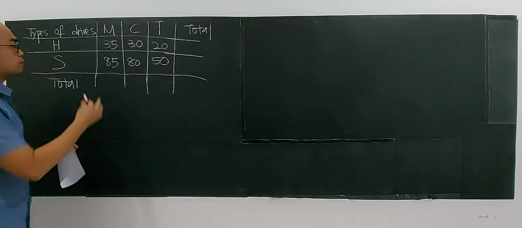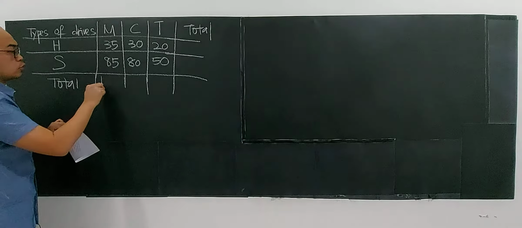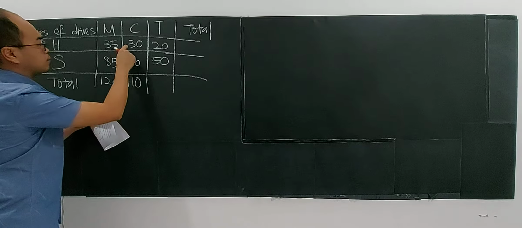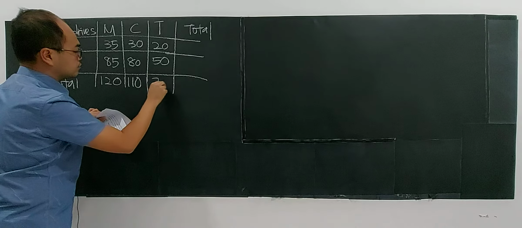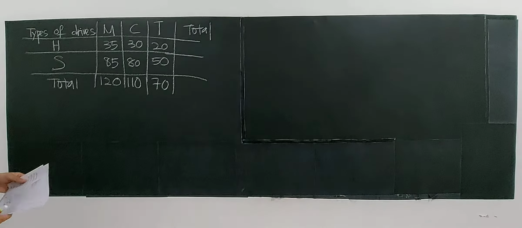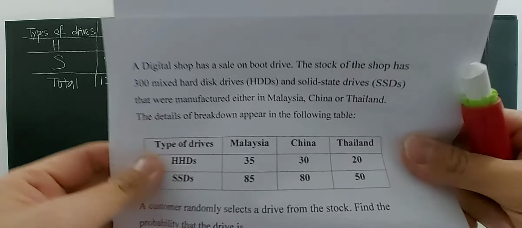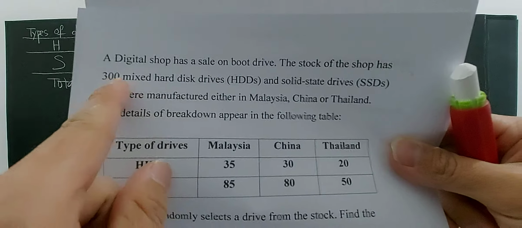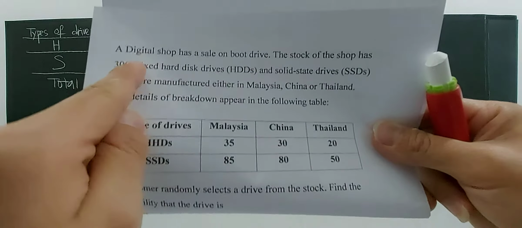So when you get a table, you find the totals. For example this one, you have 120. This one you have 110, 80 plus 30, and this one you have 70. The question is telling us that they have 300 mixed hard disk drives and solid state drives.